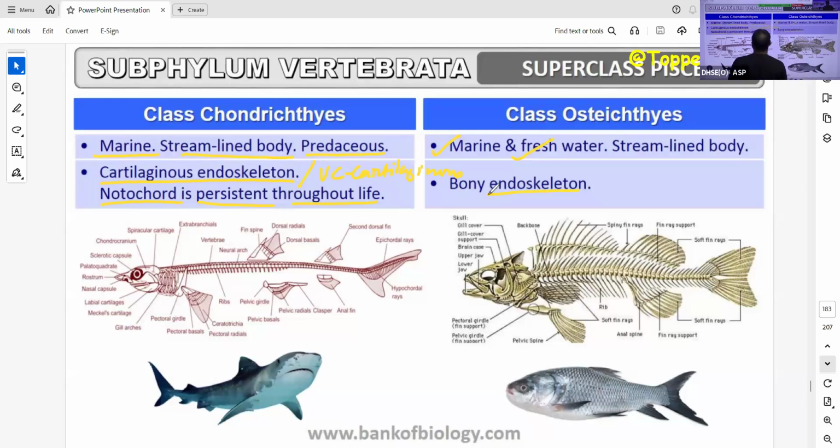The majority of it though is the bony endoskeleton. As you can see, this basically is a shark, a cartilaginous fish, whereas this here has a bony structure.